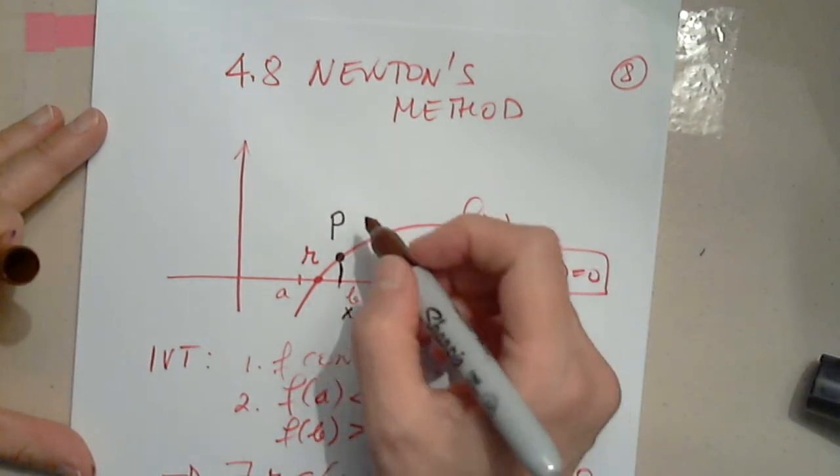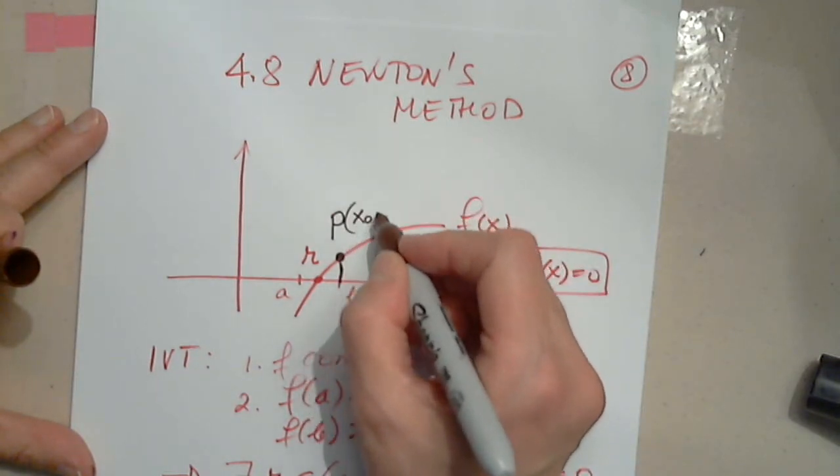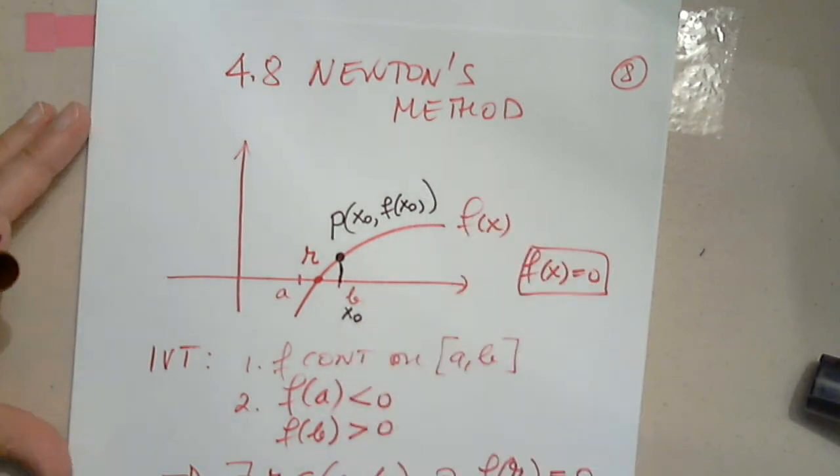I started at B. So the coordinates of P will be x0 comma f of x0. That's not a question. That's guaranteed.